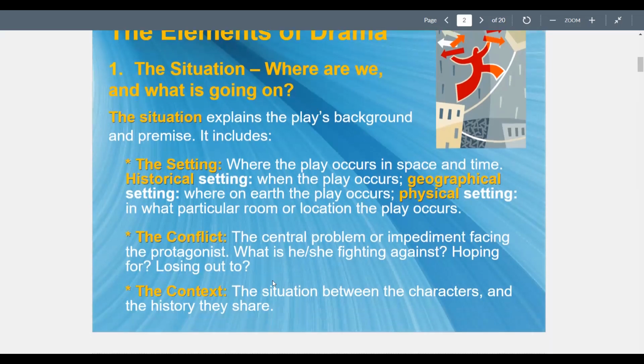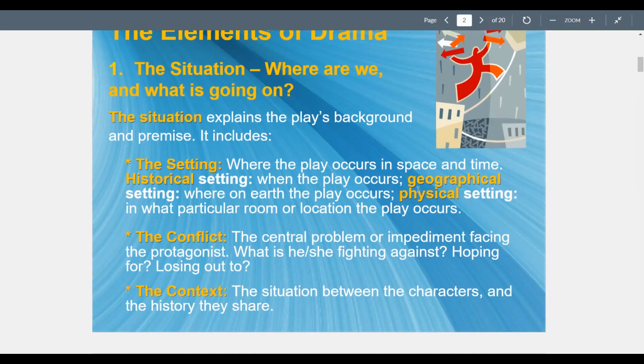So the setting, just like before, we're going to look at the historical setting, when the play occurs, the geographical setting, where on Earth, if on Earth the play occurs, and the physical setting, in what particular room or location the play occurs. So thinking about Oedipus, historical, ancient Greece, geographical in Greece in a specific city.